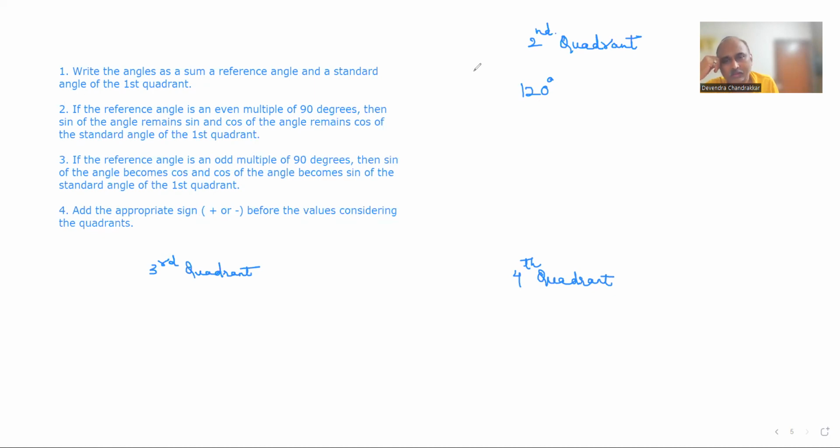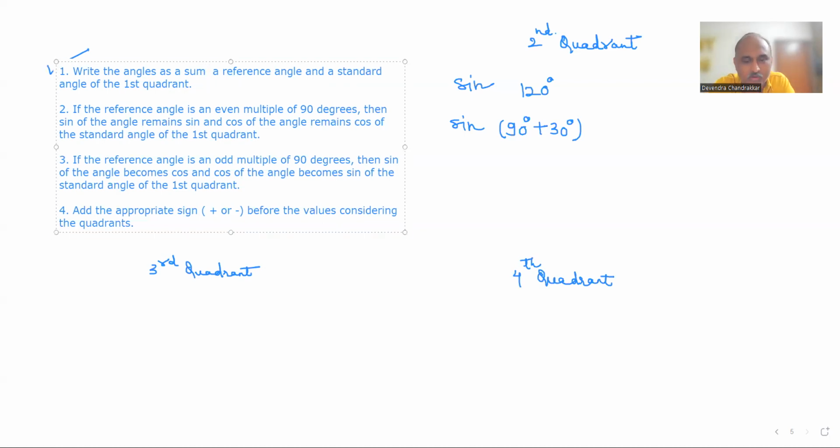Now, I want to find what is sine of 120 degrees. Can I write this sine of 120 degrees as 90 plus 30 degrees? The first step: as a sum और इसमें एक और चीज ऐड कर लो, sum or difference between a reference angle. ठीक है.